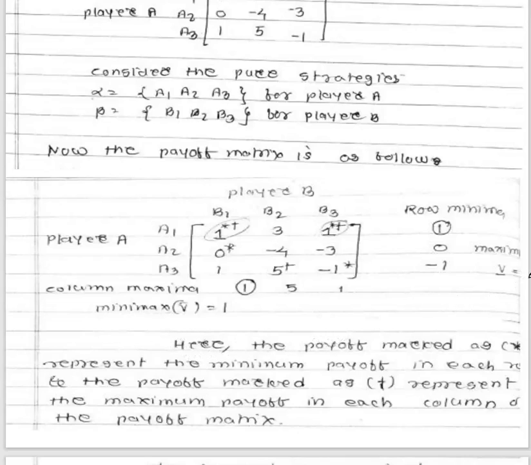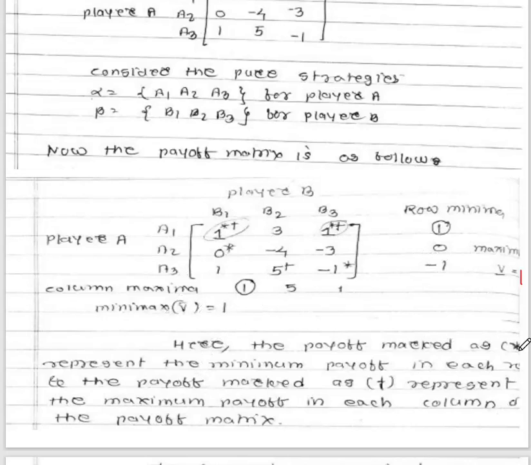Maximin means the largest value among the row minima, that is 1. Minimax means the minimum value among the column maxima, that is 1.